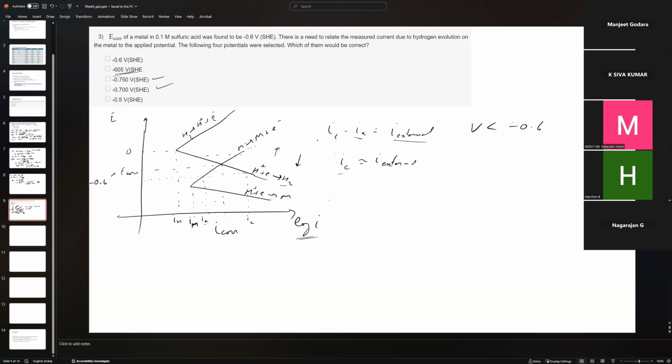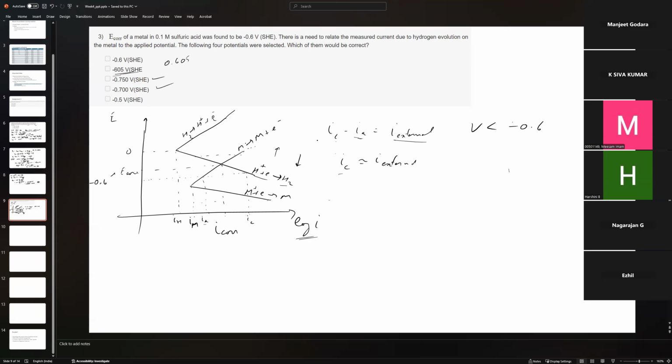Will it follow the same? Will the diffusion remain linear? That's what I'm thinking. Maybe diffusion plays an important role at such a high voltage. I feel that this option was minus 0.605, and due to some error it has been written as 605.